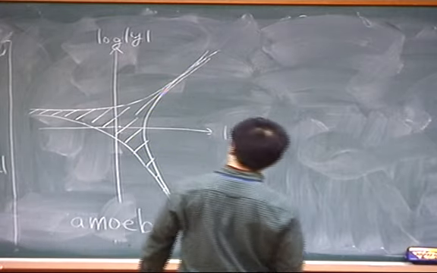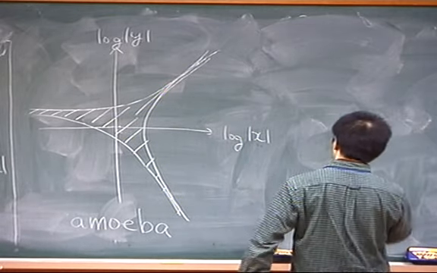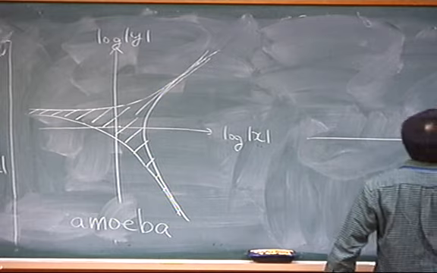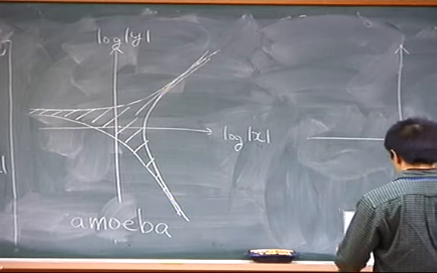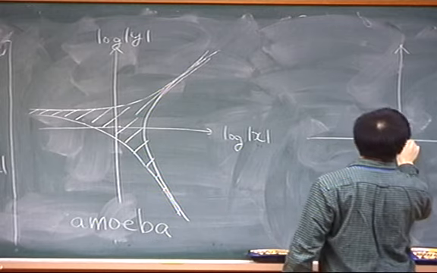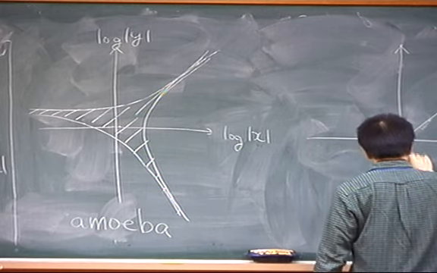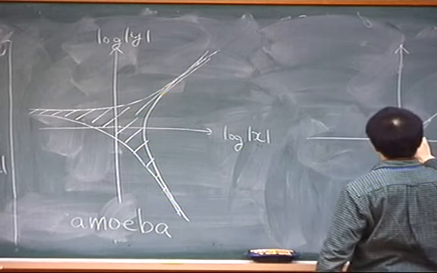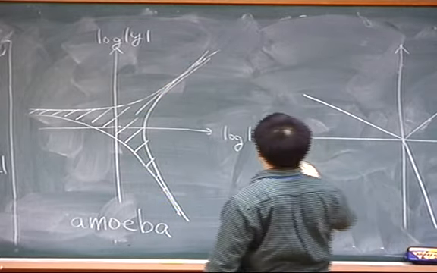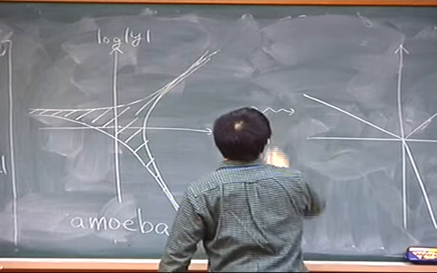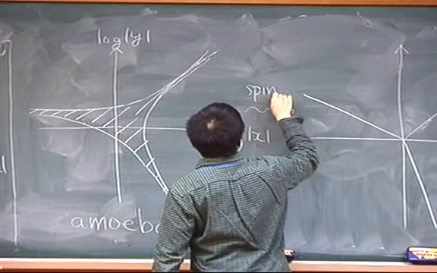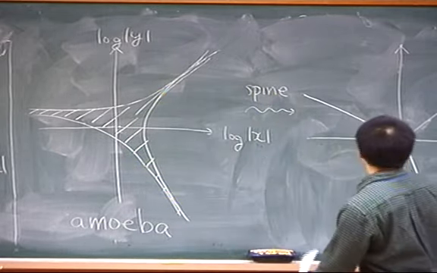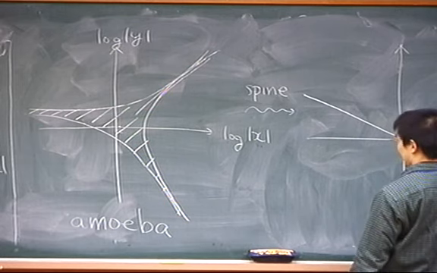Amoeba was defined by Gelfand, Kapranov, and Zelevinsky. Sometimes it is called a spine, and as a kind of skeleton, we get a tropical curve.